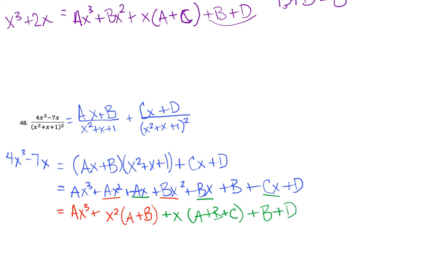So let's set some of this equal to each other. My cube term is multiplied to a, and this is 4, so I know a equals 4. My squared term, a plus b, there is no squared term, so a plus b has to equal 0. My x term, a plus b plus c, has to equal -7.